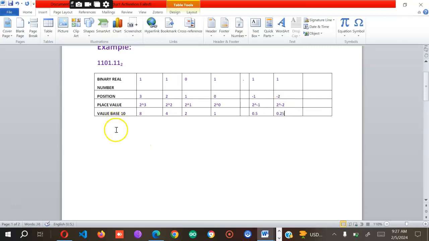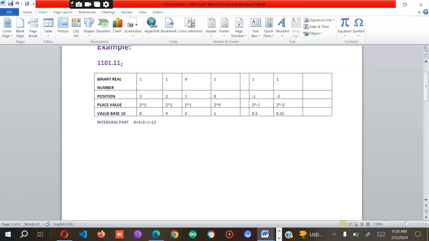After that, the next step is to add the integral part, that is 8 plus 4 plus 2 plus 1, which gives us a total of 13.